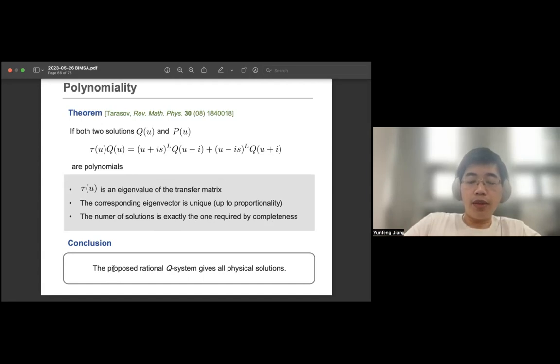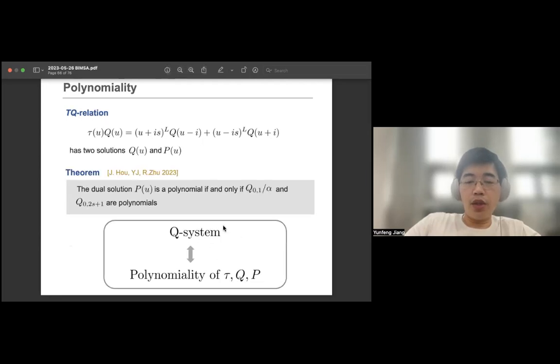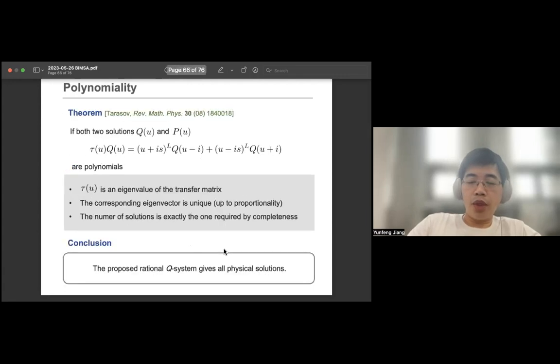So the conclusion is that if both QU and PU are polynomials, then the Bethe ansatz solution gives the physical solutions and all the good physical solutions. Since QU and PU are polynomials, this is equivalent to our Q system. So this proves that our rational Q system gives all and only the physical solutions.